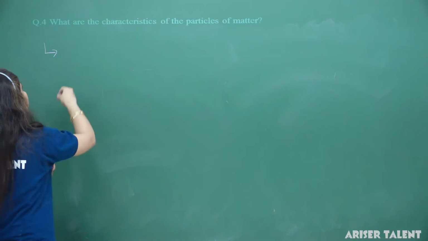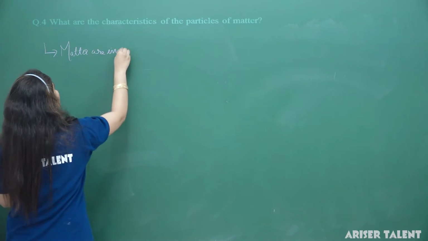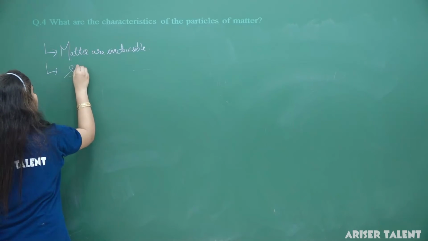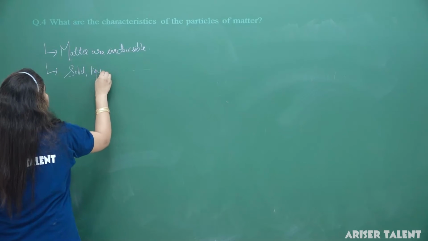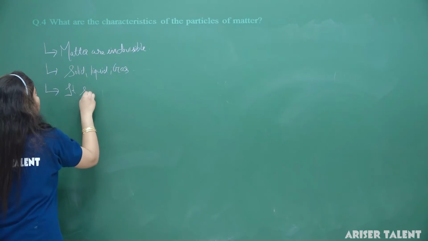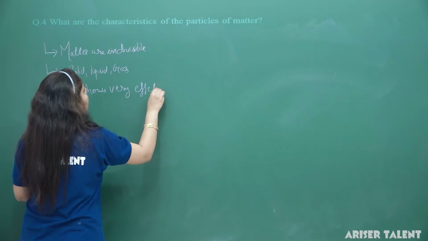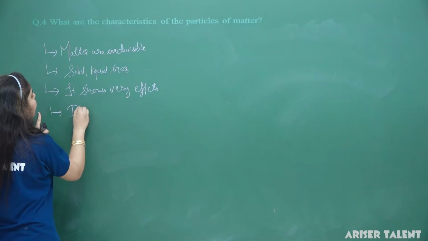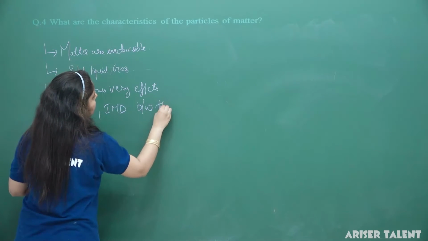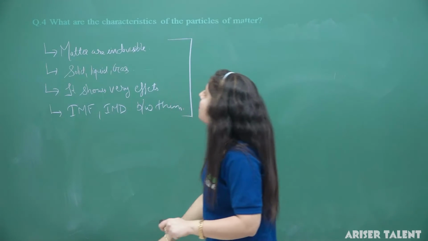Matter is made of particles, it may be solid, liquid or gas, it shows various effects, and it may have intermolecular forces or intermolecular distances between them. These are the basic characteristics of the particles of matter.